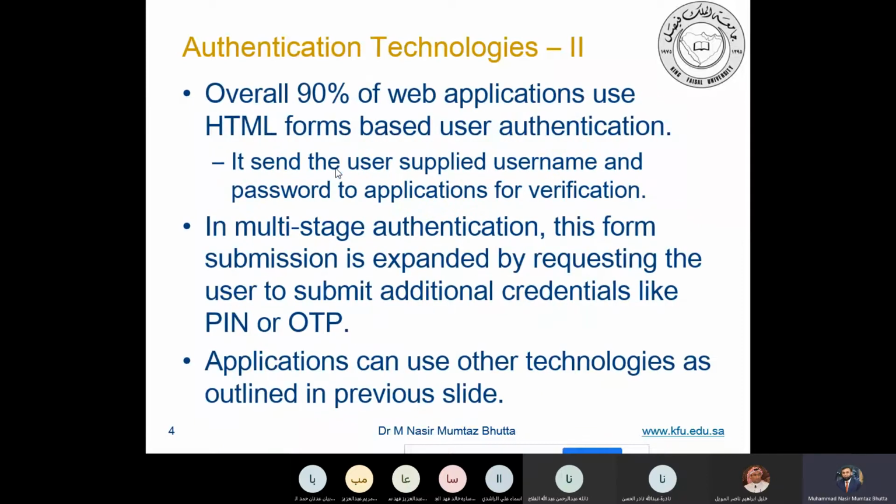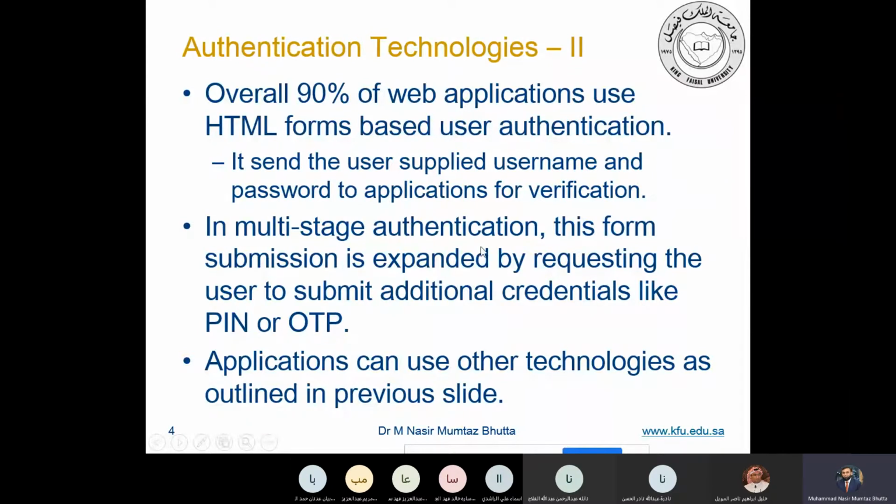As we know, 90% of web applications in the world, as an estimate, use HTML forms-based authentication. They ask the user to send a username and password, and when the user sends it, they verify it. In multi-stage authentication, multi-stage means multiple processes, multiple stages. The form is submitted.